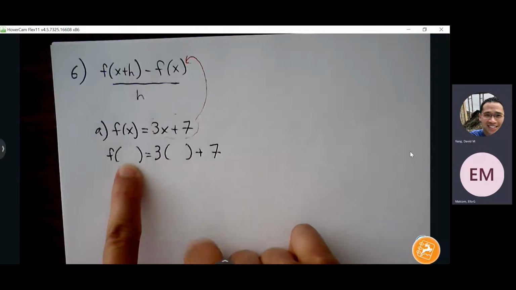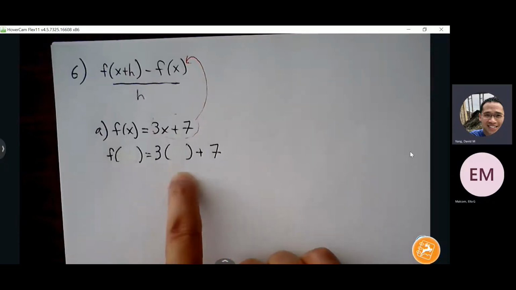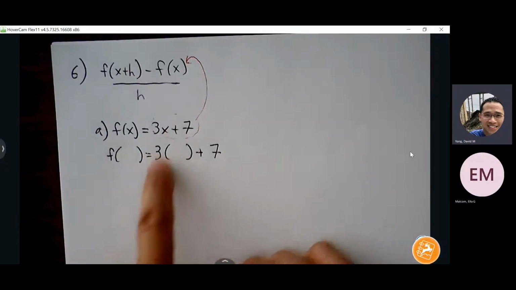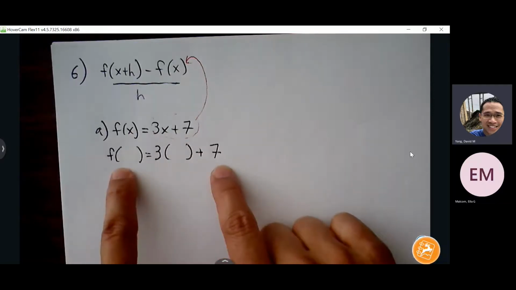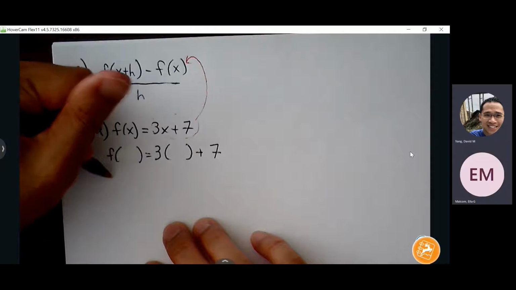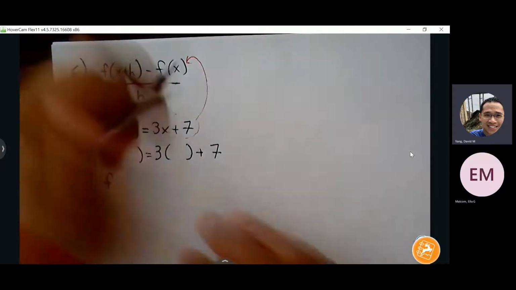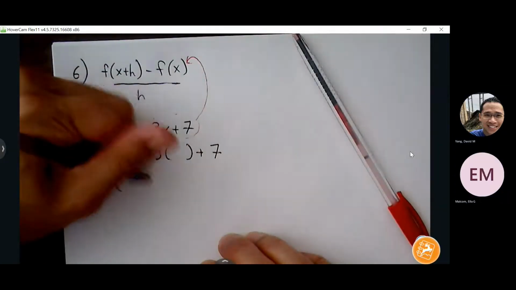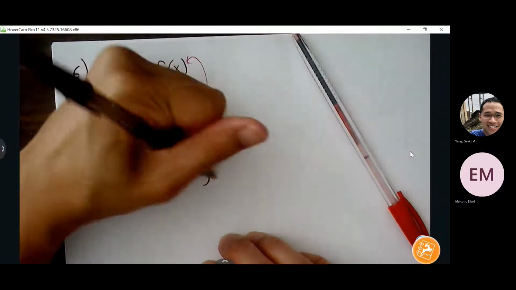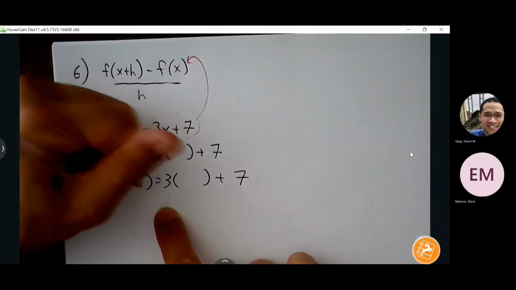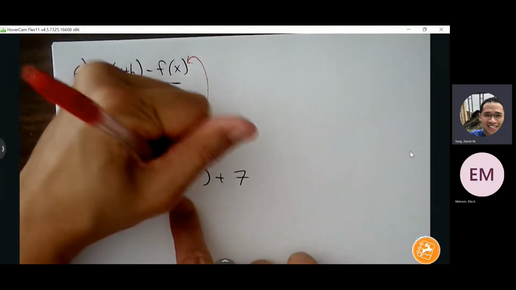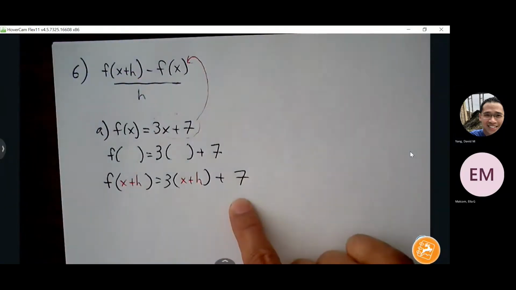So that means any argument that goes in here is going to go in place of the x, but I created the space for it. So therefore, now if I wanted to do f of x plus h, it is simply 3 times x plus h, plus 7. Okay.